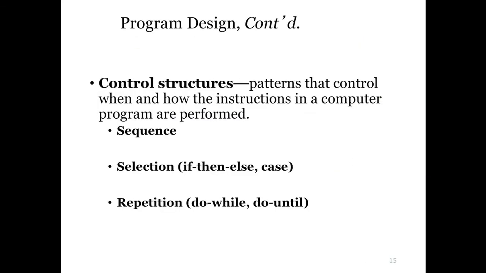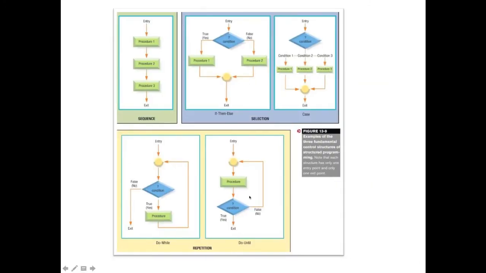So sequence is easy to understand. Step 1, step 2, step 3. Selection is oftentimes where you see the keywords if, then, else, or if, else, or case. And repetition, oftentimes you see do until, do while, as well as a for loop. So for example, here is a sequence flowchart: procedure 1, procedure 2, procedure 3.